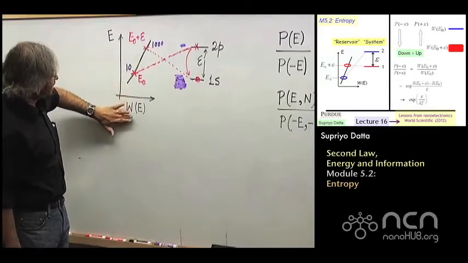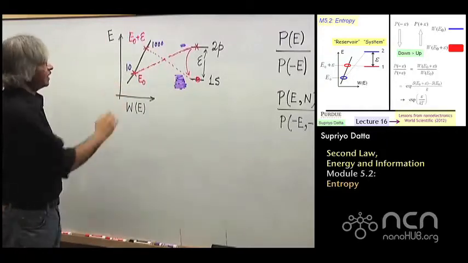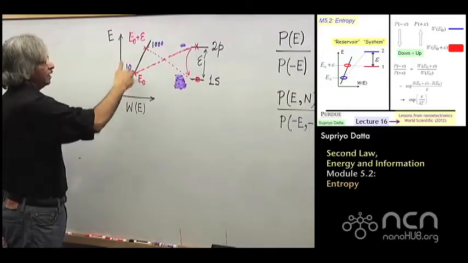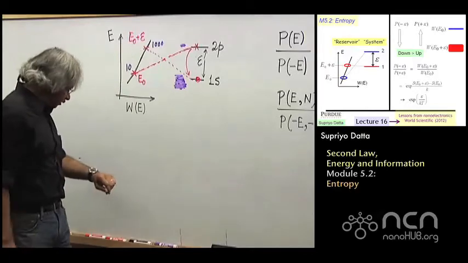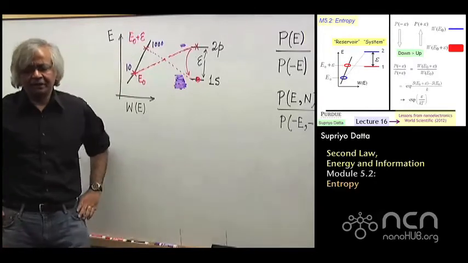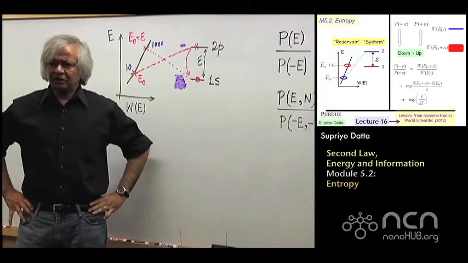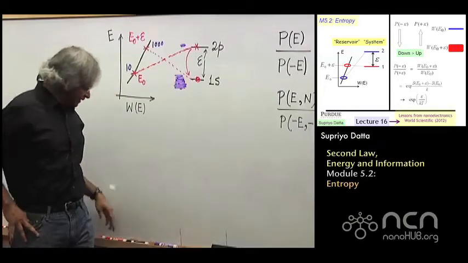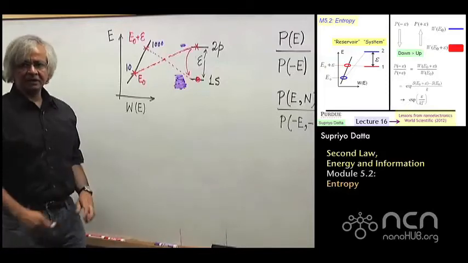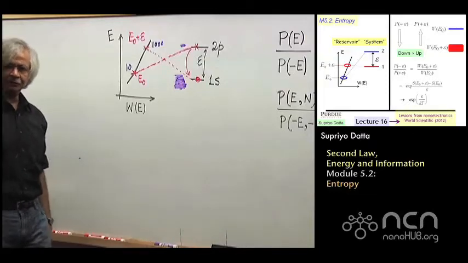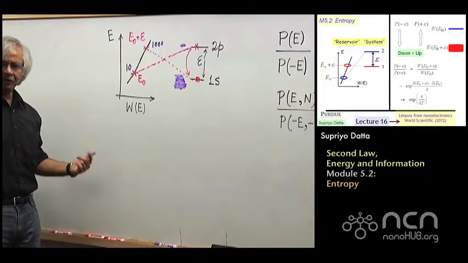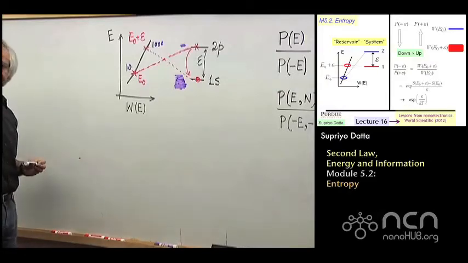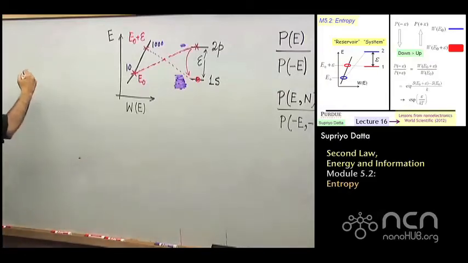The fact that this density of states is higher for more energy. Now, this is where you might think, well, earlier in this course, actually in part 1, we talked about the density of states. And at that time, if you remember, we calculated the density of states by writing the energy.